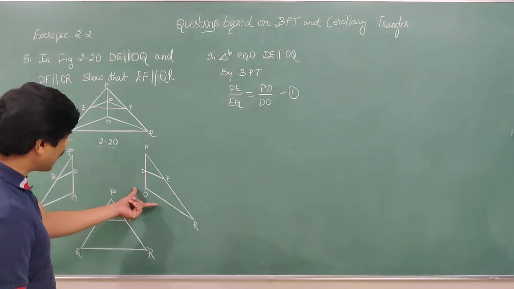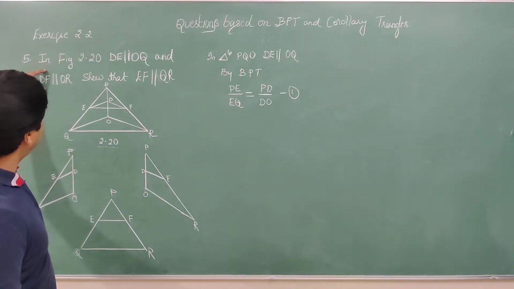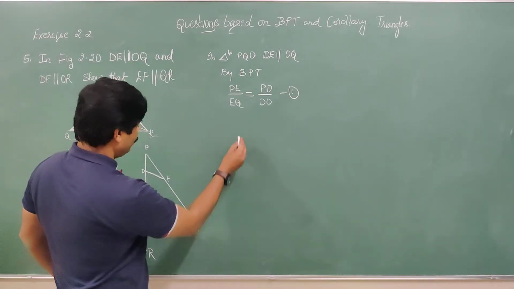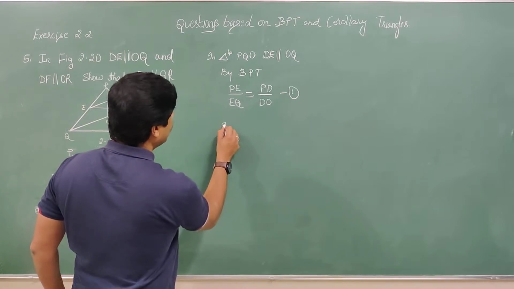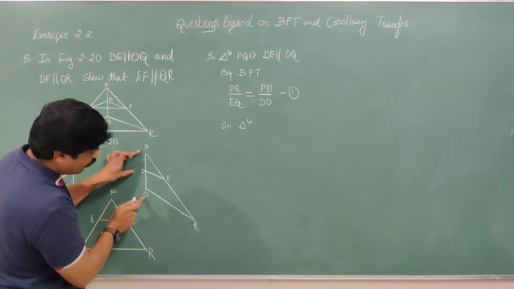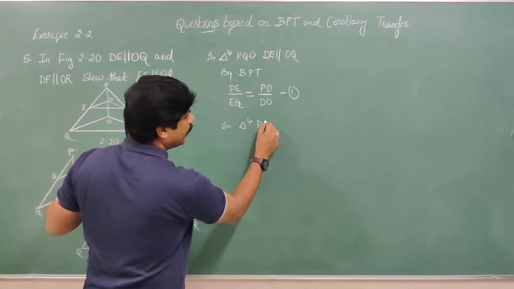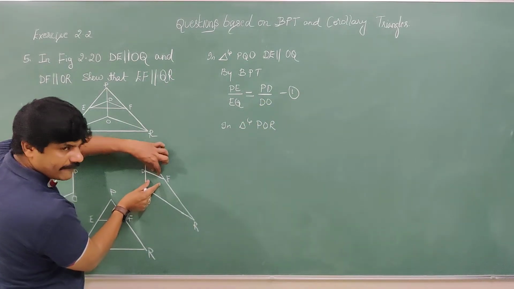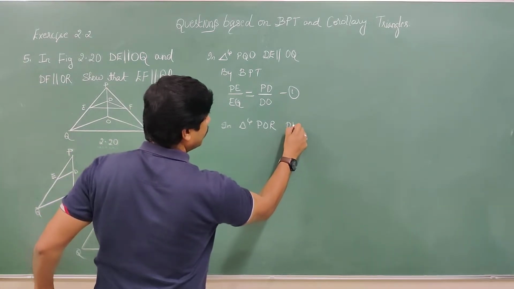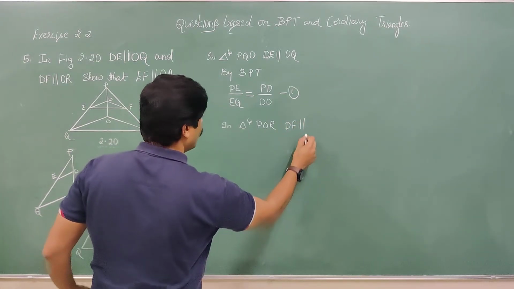Now consider this triangle, where the given data is DF is parallel to OR. In triangle POR, DF is parallel to OR.